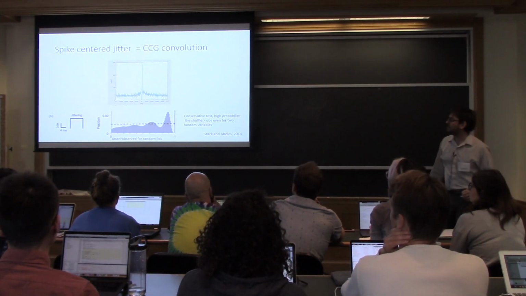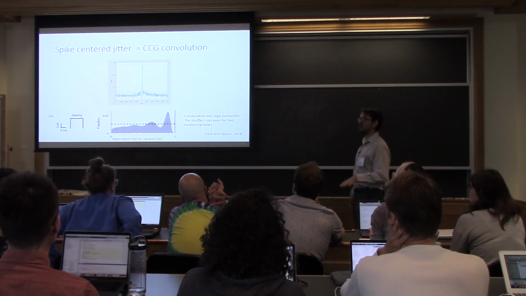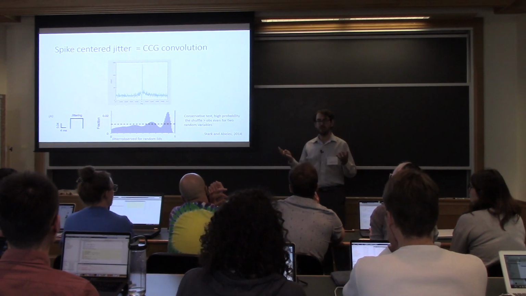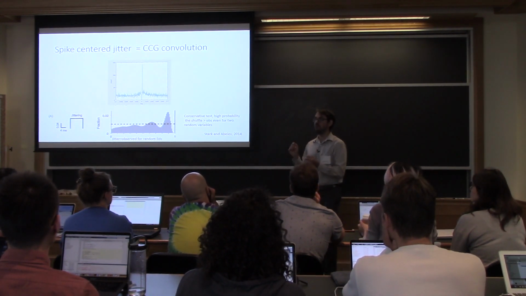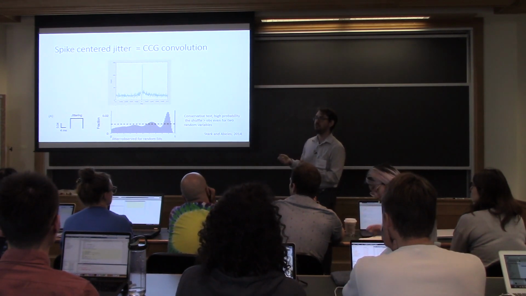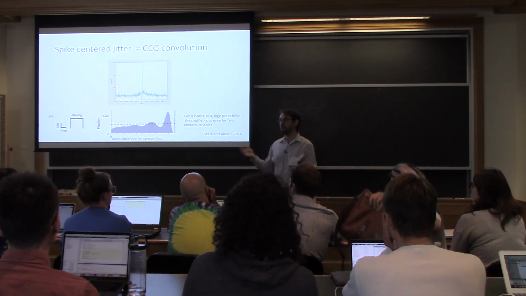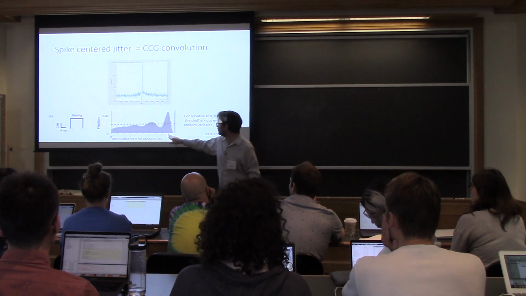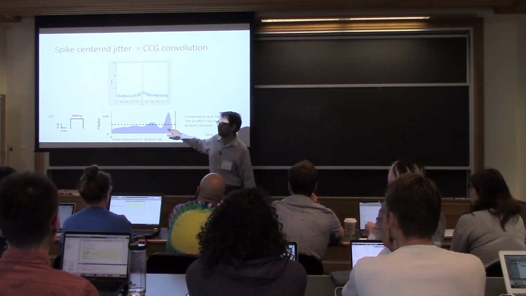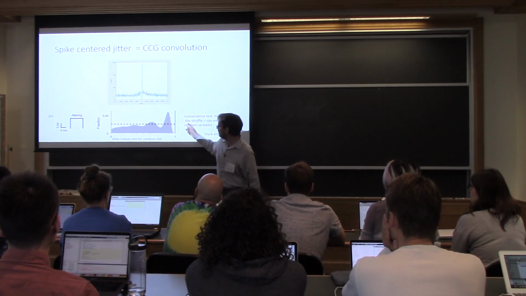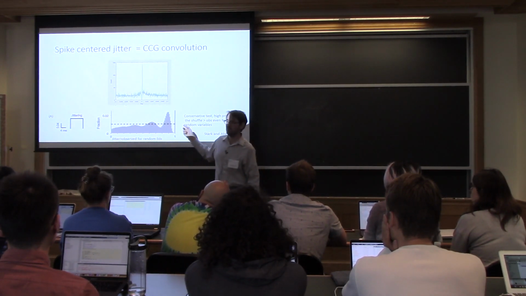But the spike center jitter and the convolution both have the same problem. So now let's say you have two totally independent spike trains, and you're going to jitter the spikes around one of them, and you're going to ask in your jitter distribution, how many synchronies do you observe above some number? And what you see is that this is not a uniform distribution. If these were totally random, and you're doing this kind of jitter, you would expect that these probabilities should be totally flat.